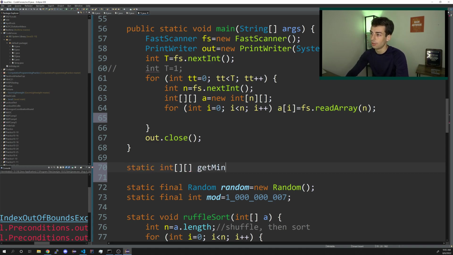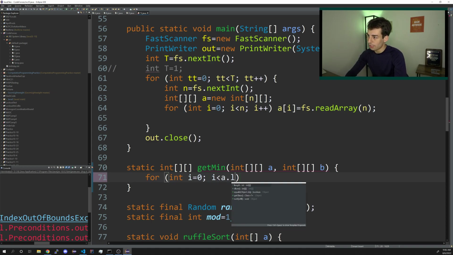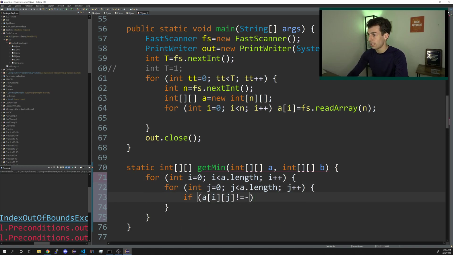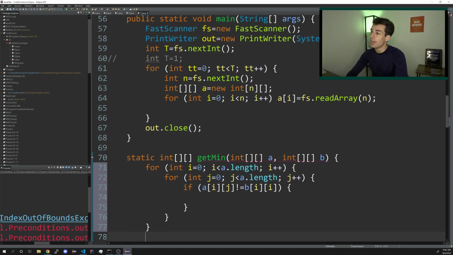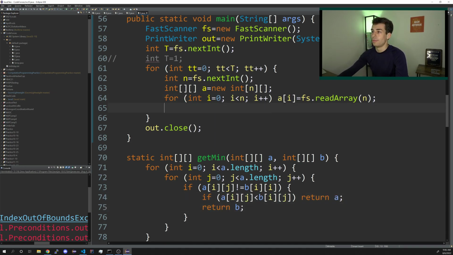Oh, we need the get min. int double array a, int double array b. So for int i equals 0, i is less than a.length, i plus plus; for int j equals 0, j is less than a.length, j plus plus: if a at ij is not equal to b at ij, do one thing, otherwise do the other. If it never happens, return a. If it does happen, if a at ij is less than b at ij, return a, otherwise return b.